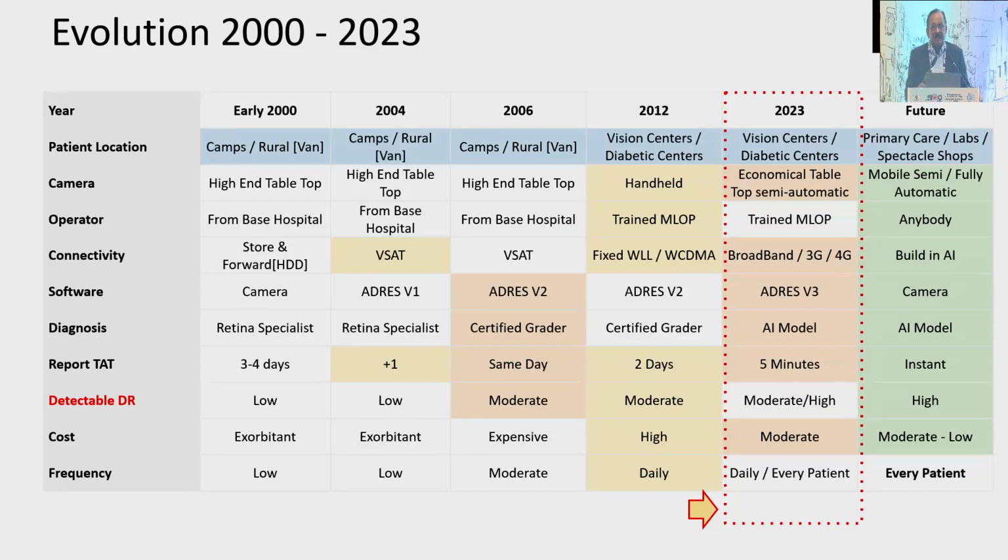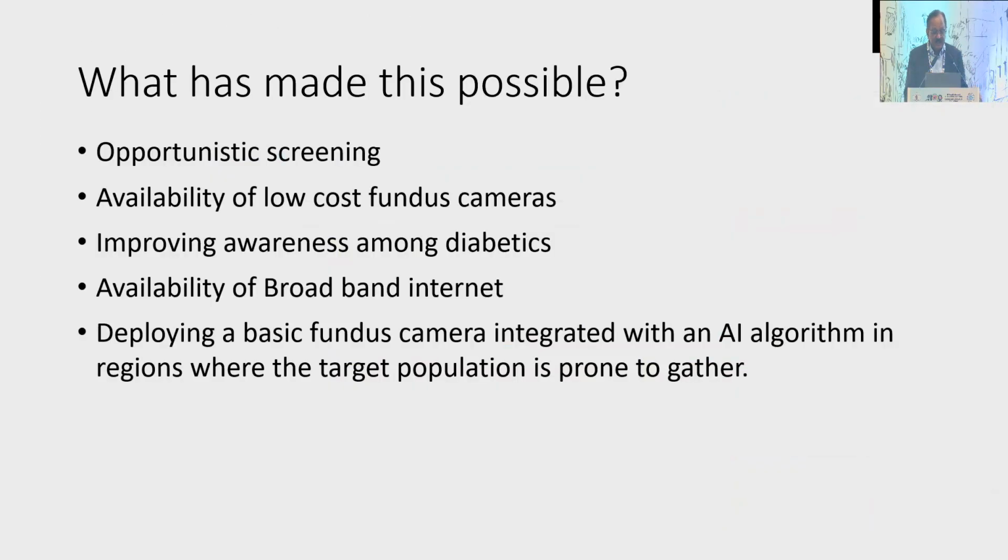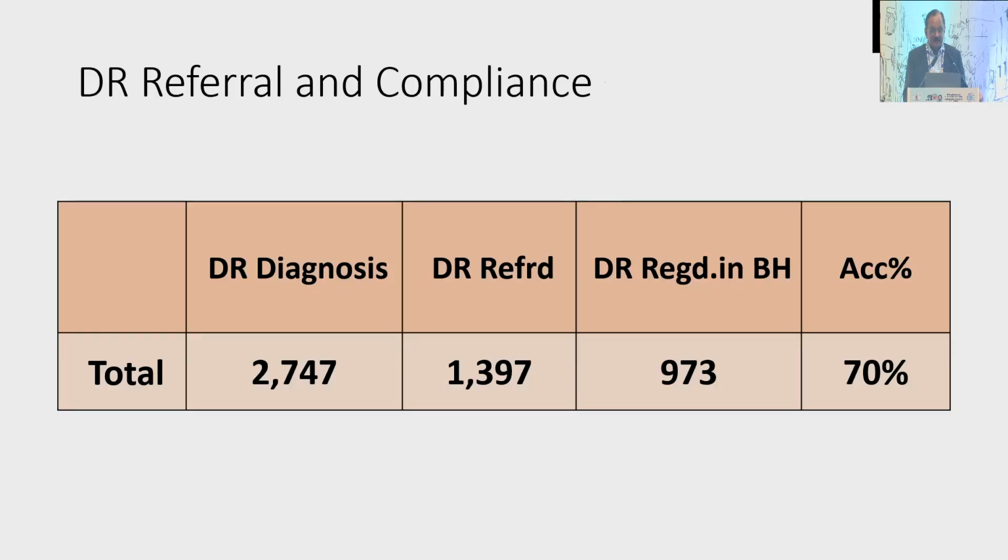We have run these screening programs and continue to do so in most diabetology clinics so that every single diabetic patient is screened. What has made this possible? Of course, the opportunistic screening, availability of low-cost fundus cameras, availability of broadband internet, and deploying a basic fundus camera with AI helps in identifying this.